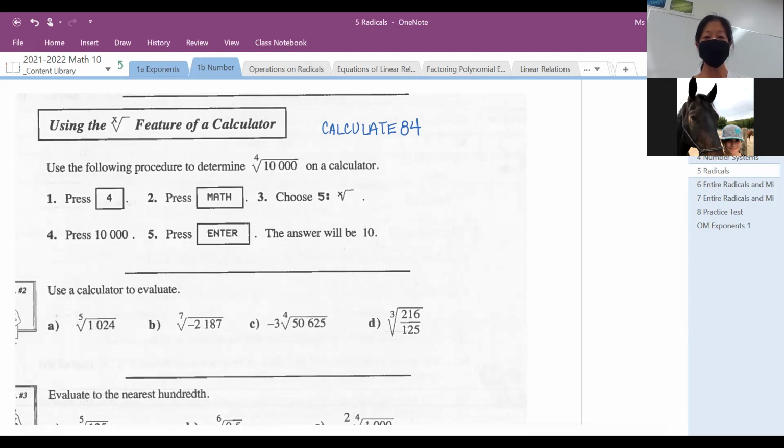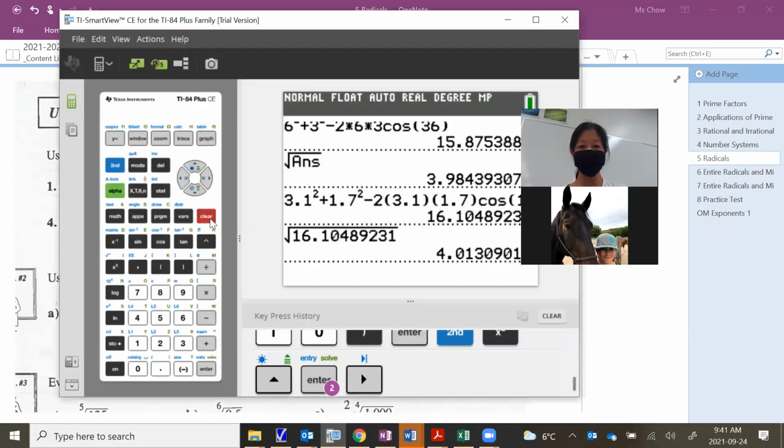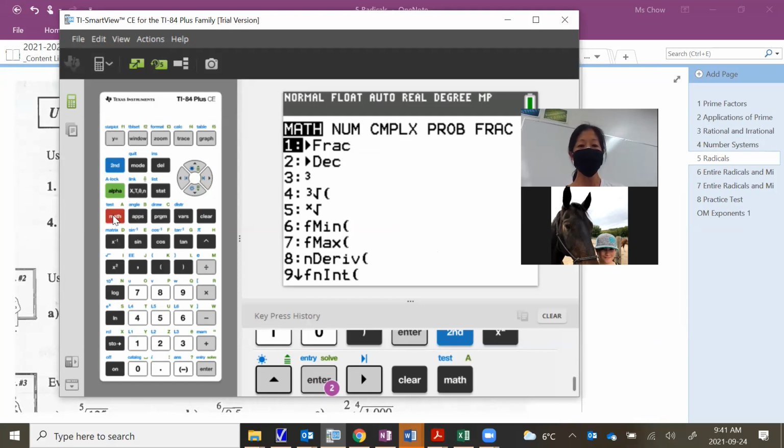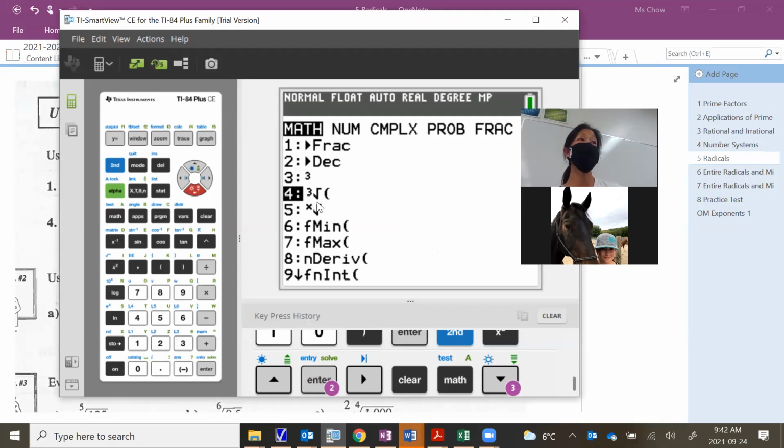Okay, so I'm going to bring up my calculator. If I want the 4th root of 10,000, ready? Let me clear all of this mess out. Everybody with me? We're going to go to the math button on the calculator. If you scroll down to the fourth option, you'll see cube root.